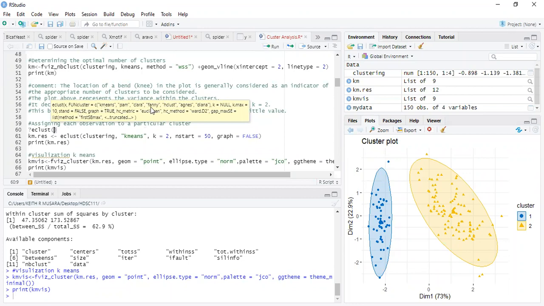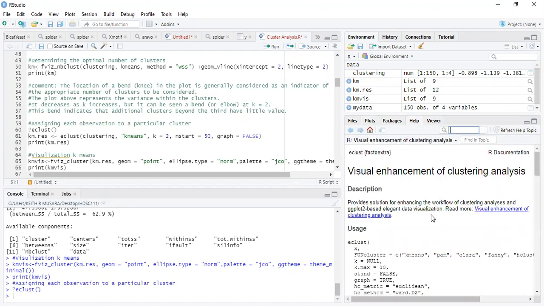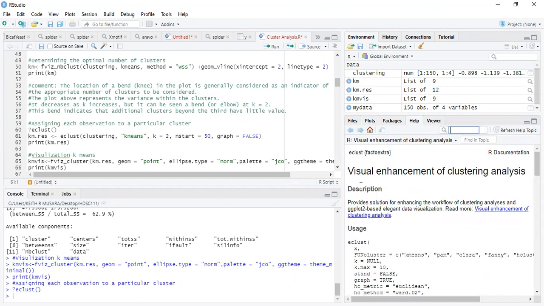There are a lot of functions that you can use within that particular data set. So go and understand what eclust does, so that whenever we use eclust, you know what we are doing. If you use question mark eclust, go and read everything like this. I'm sure you can see on the right hand side, it explains eclust in detail, more than what I would have said.